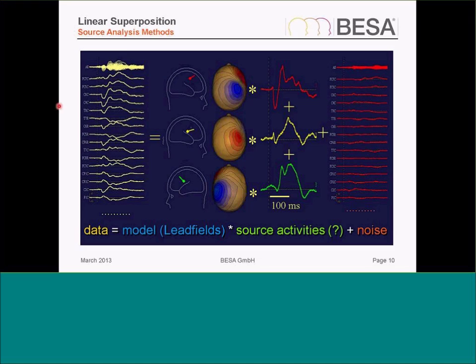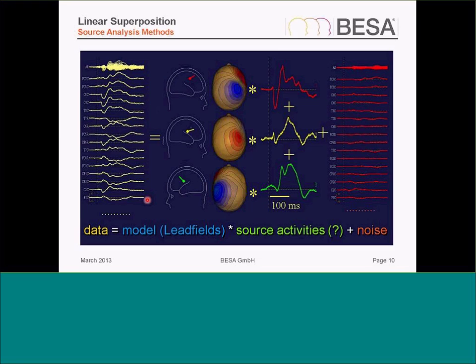So here in this slide, the data are shown on the left. Then I've got, in this example here, 3 different sources. And the 3 different sources will give me 3 lead field entries, which are then multiplied by the activities of the source to generate this data on the left.